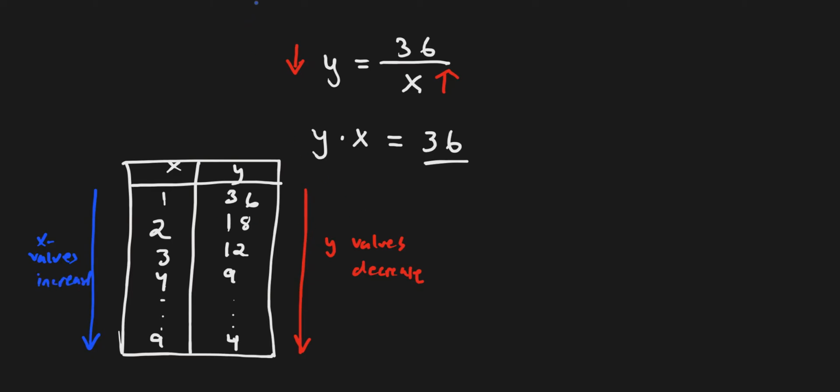If we went the other way around, then as y values go up, in this direction, x values are decreasing in this direction. So for this one, x values decrease as y values increase. So that's a special property.